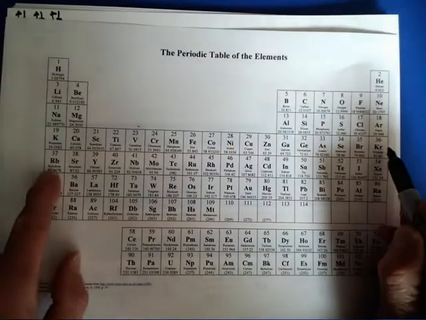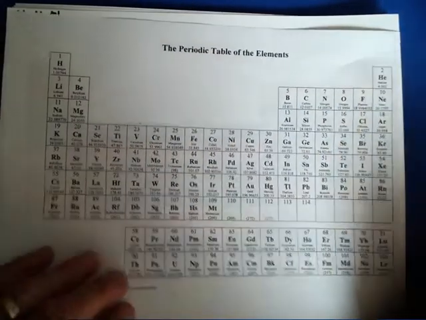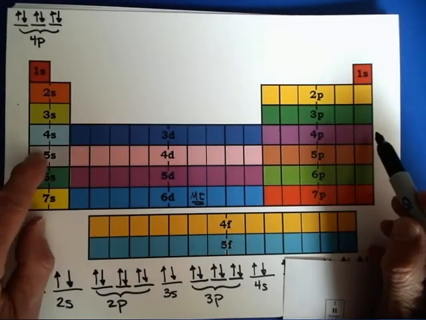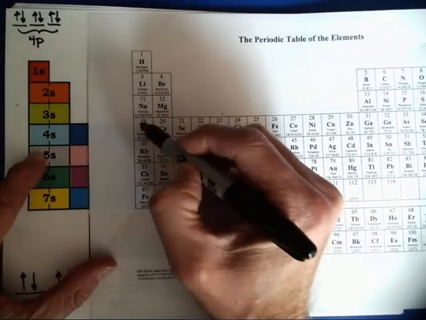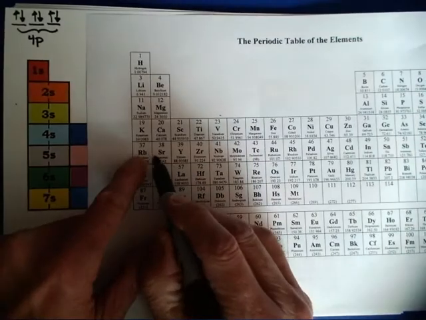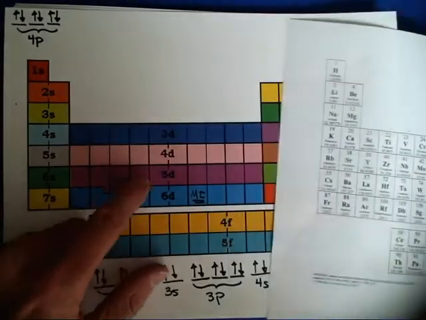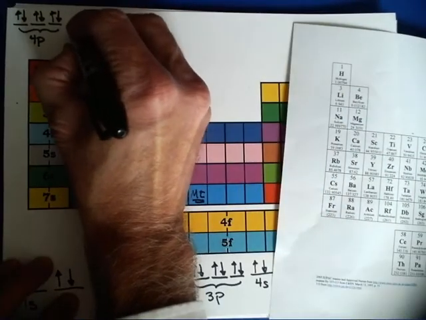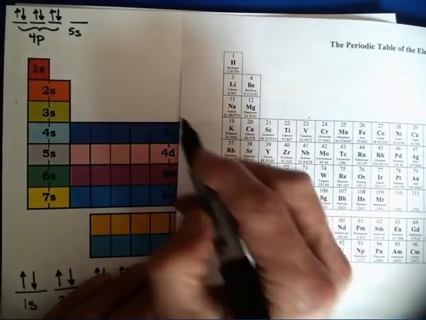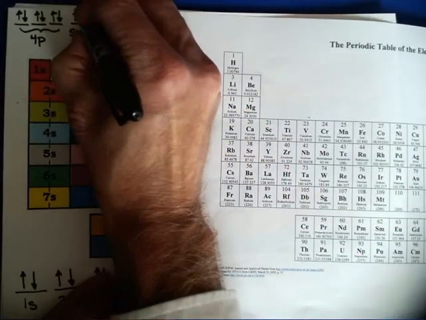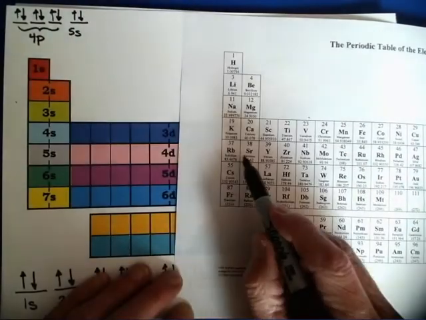The next element's rubidium. I've run out of the 4p. I'm going to move here to the 5s, and you can see that on the periodic table. 1, 2, 3, 4, 5, and I'm in the s block. So I'm going to go ahead and put 5s, and I'm going to fill rubidium, strontium. Rubidium spin up, strontium spin down.